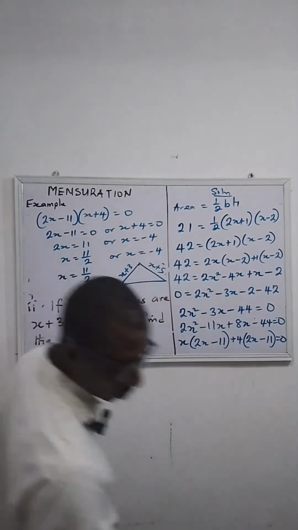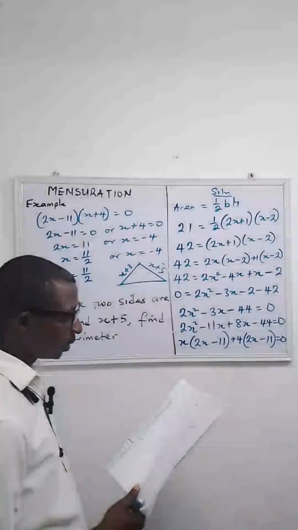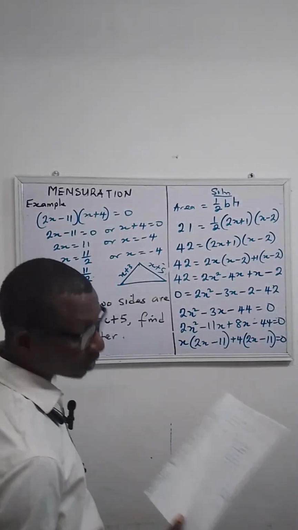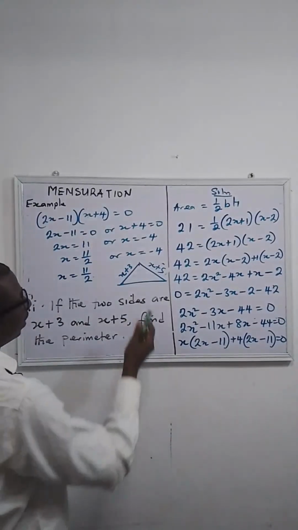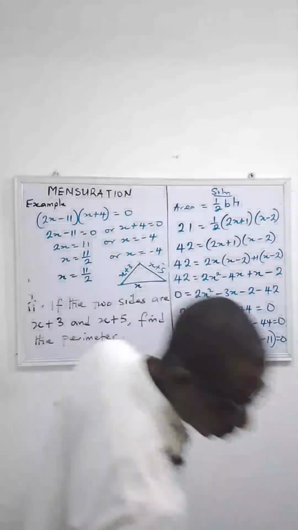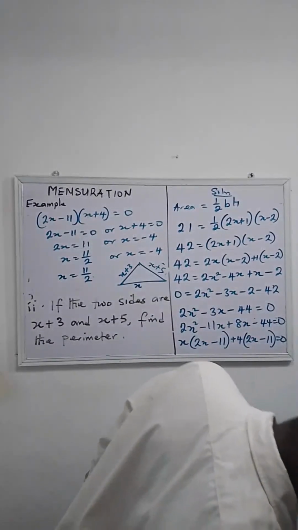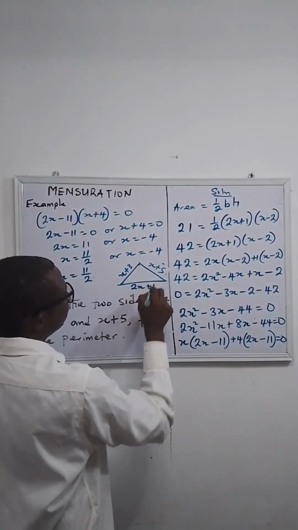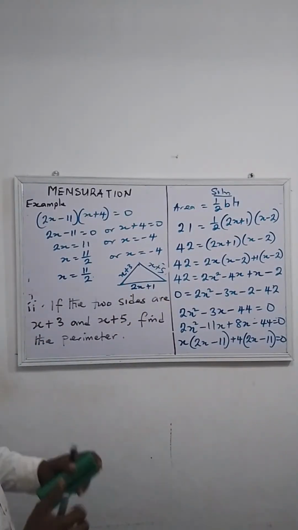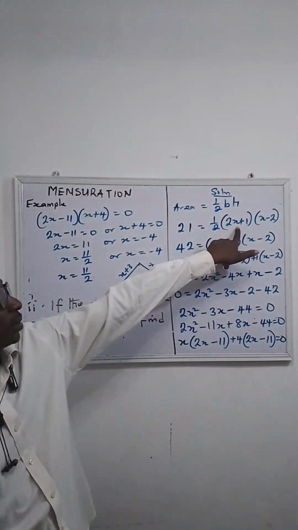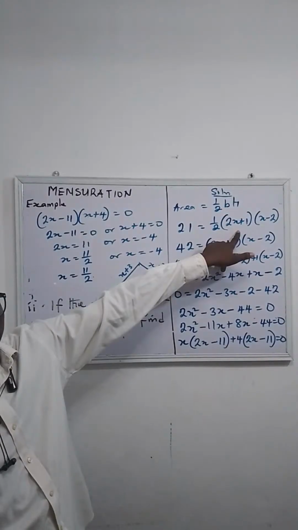So let's see, what do we have there? That is 2x plus 1. Okay, and that's the base. The base is 2x plus 1. You can see that, which is the base. That's one of the sides.